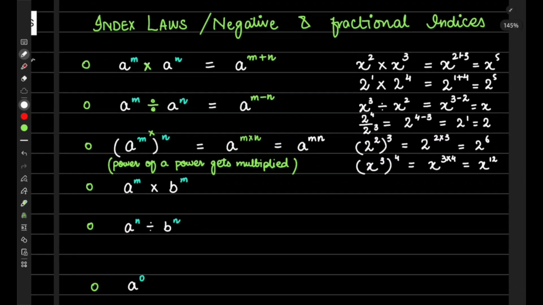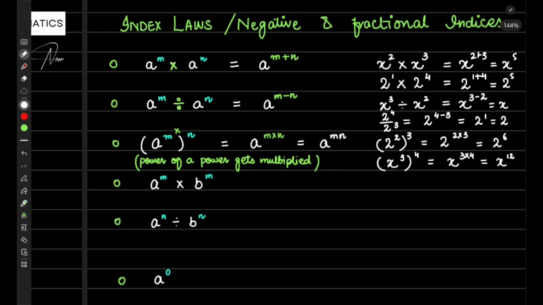Moving on to the next law of index. It says that if you have different bases, where a and b represent different numbers or variables that are multiplied but have the same power, m and m represent that they have the same power.